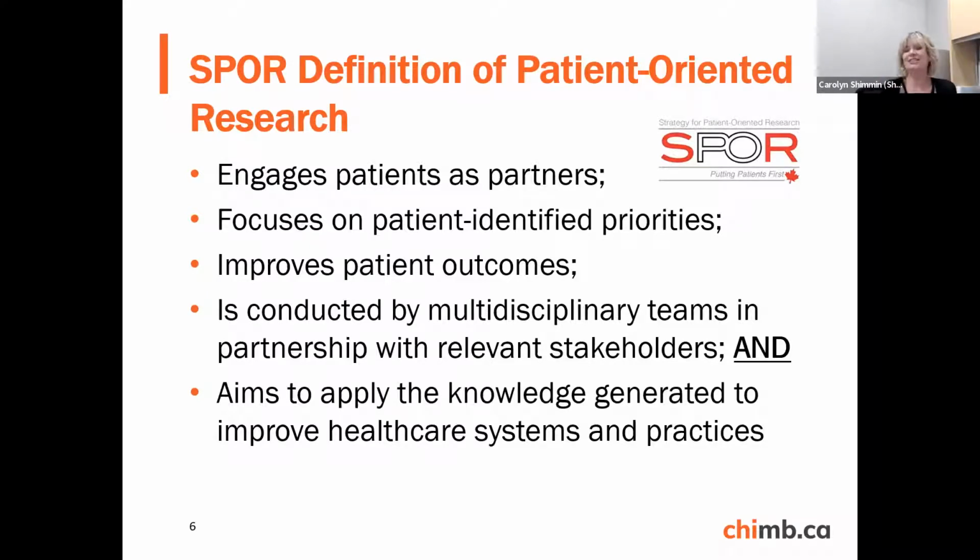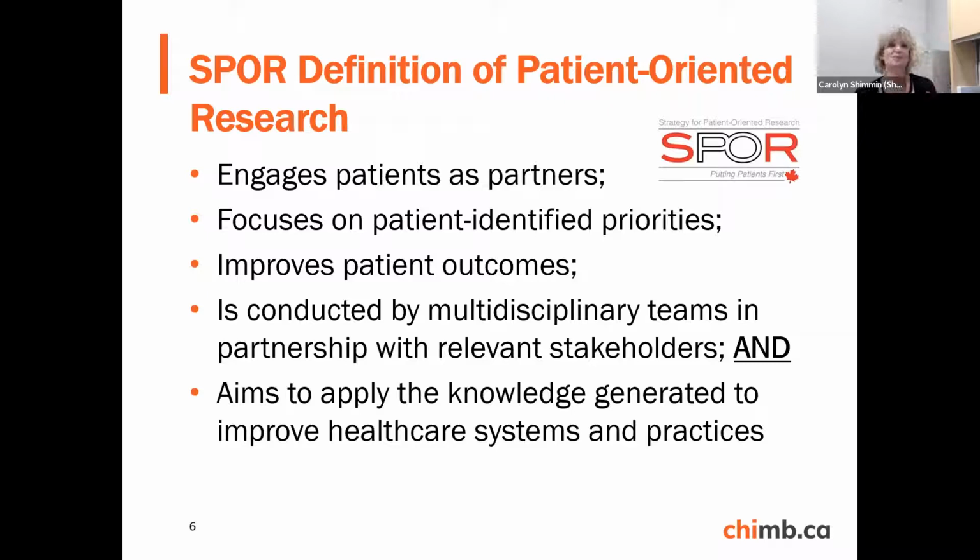So the strategy for patient-oriented research is a national initiative funded by the Canadian Institutes of Health Research, and they define patient-oriented research as a continuum of research that encapsulates 5 key components. The first one is that it engages patients as partners, and note the word partners, right? It's different than participants.